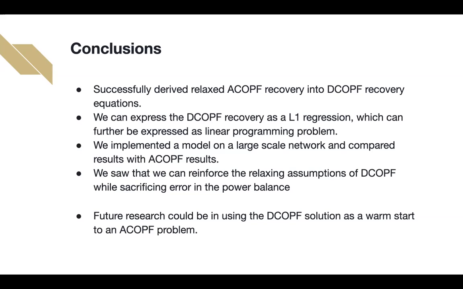We also saw that when we add in this term to penalize violation of our relaxation assumption, we get results that conform to our assumptions. However, we then sacrifice some of our approximation ability to satisfy our original constraints.